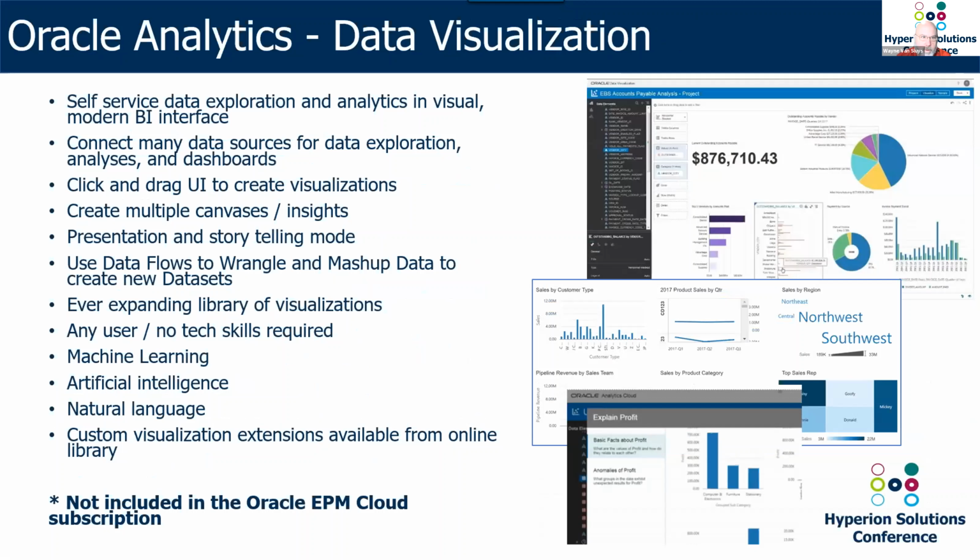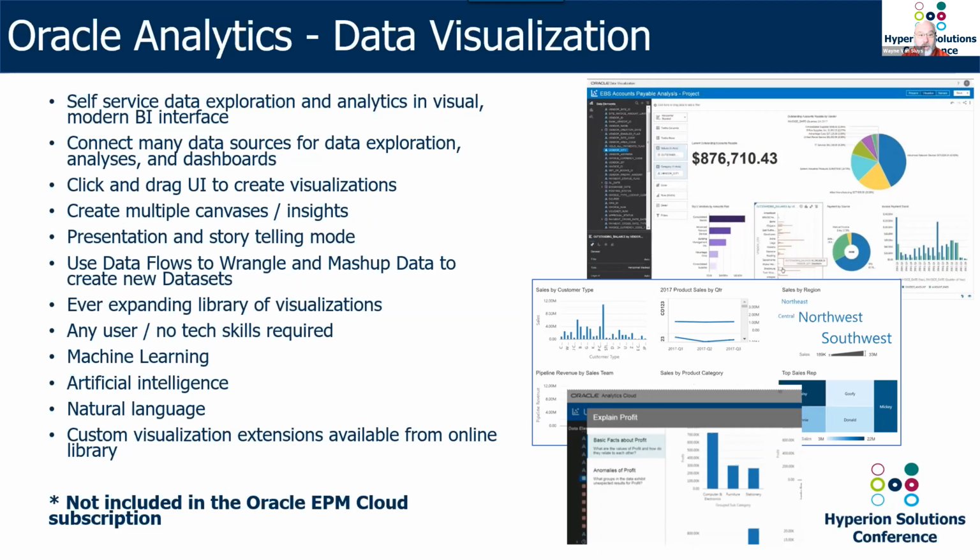So within the world of Oracle Analytics data visualization, we're talking about a world of self-service. We're able to connect with a lot of different data sources on the backside to start doing that data exploration, and then from exploration get into explanation or data storytelling. Oracle Analytics offers a variety of ways in which to enrich that data. So we have the data flows, which allow us to mash up data and create new data sets.